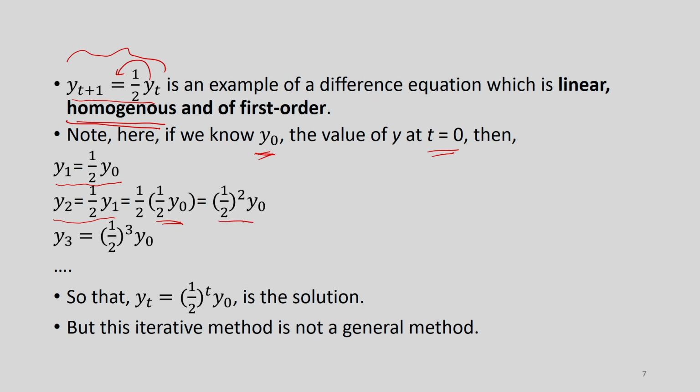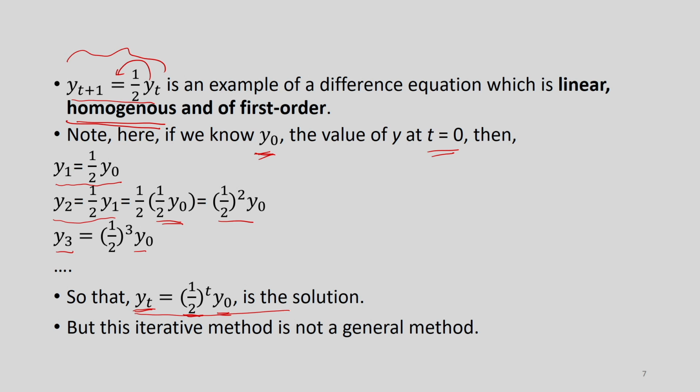It is half whole square y 0. Likewise, y 3 will be half whole cube y 0. You can see there is a pattern coming out from this series, and in general one can write y t, the value of y at period t, is equal to half to the power t multiplied by y 0, and this is the solution of this difference equation.